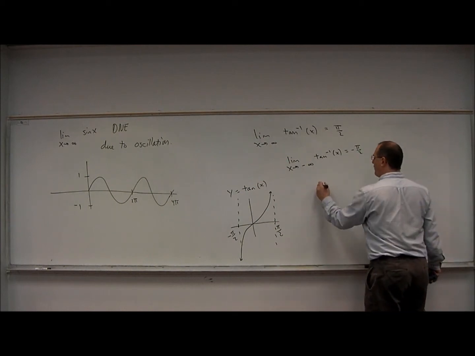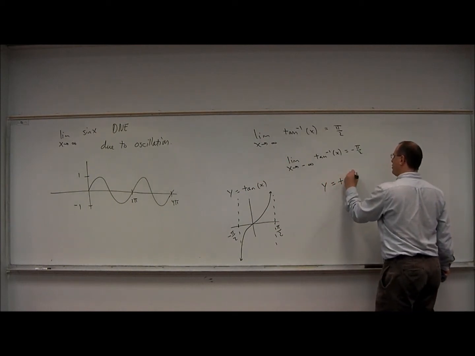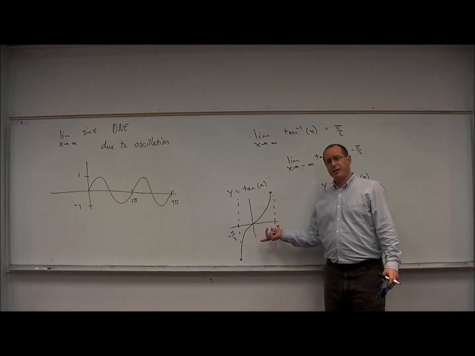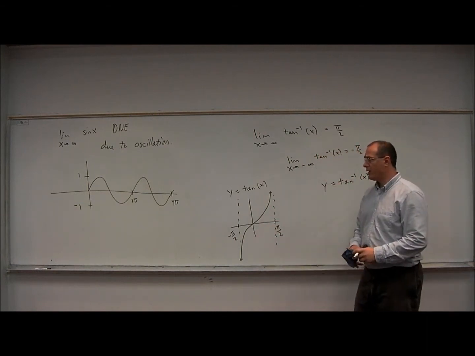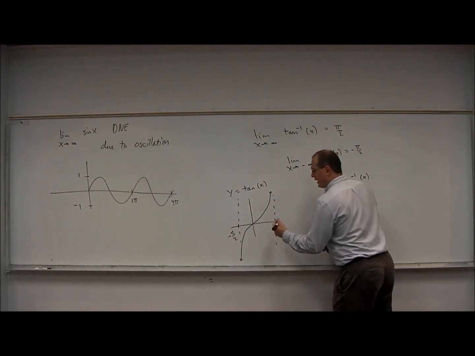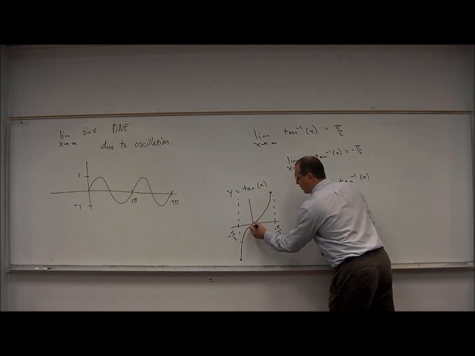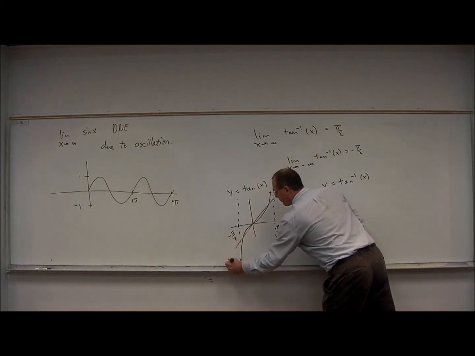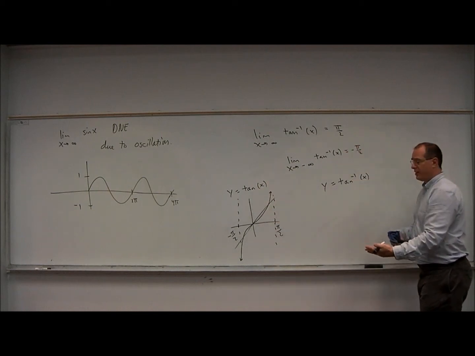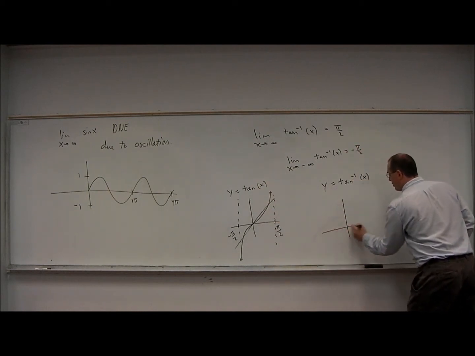The graph of the function y equals inverse tangent of x can be taken from this graph by reflecting about the line y equals x. When graphing an inverse, you draw the line y equals x, and then you reflect the tangent curve in that line, and you get the inverse tangent curve.